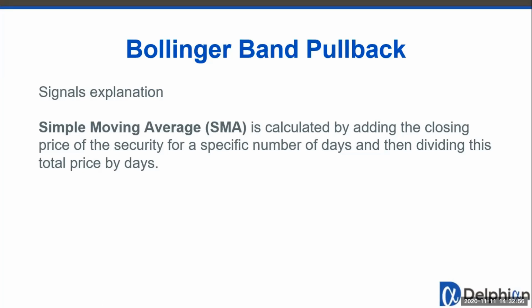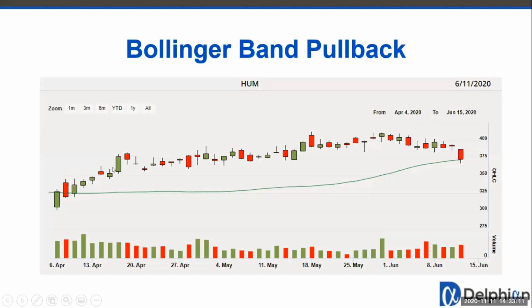SMA is simple. You just take the closing price averaged over those days, so it'd be the average closing price over 20 days. I put in here the 50-day SMA. You can see, for that entry we're looking for, it closed right above that 50-day.